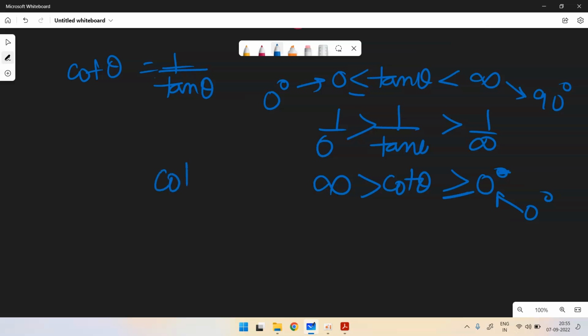So cot theta also lies from 0 to infinity, but sorry, this 0 is for 90 degree and this infinity is for 0 degree. So this is the range of theta.